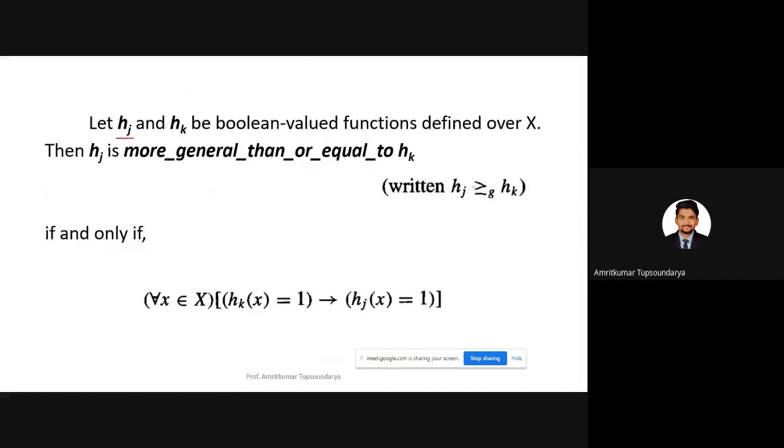To give a better definition, let me demonstrate this. Let Hj and Hk be Boolean valued functions defined over capital X. Then we can say that Hj is more general than or equal to Hk, which is written in this format, Hj is more general than or equal to Hk, if and only if we have this statement.